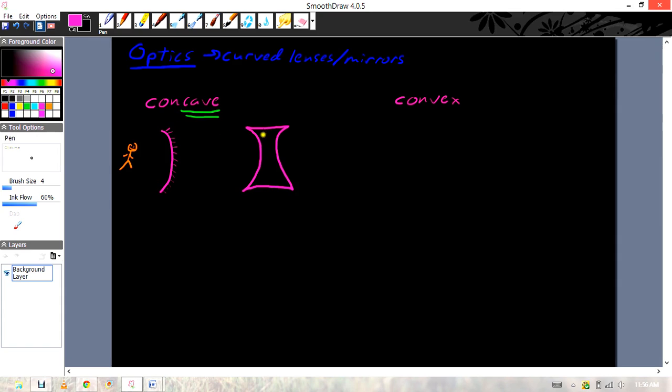You can always tell a lens because it works two ways. You can always tell a mirror because it only works one way. And then of course, there's no clever way of remembering convex except that I actually have a very clever way.